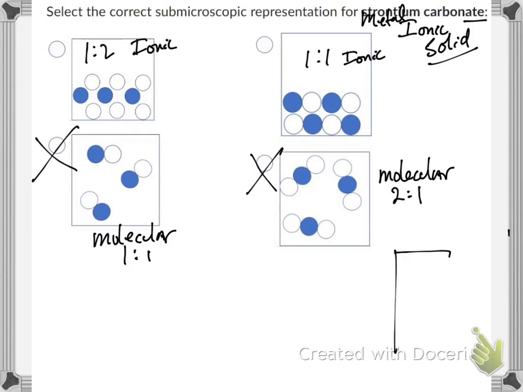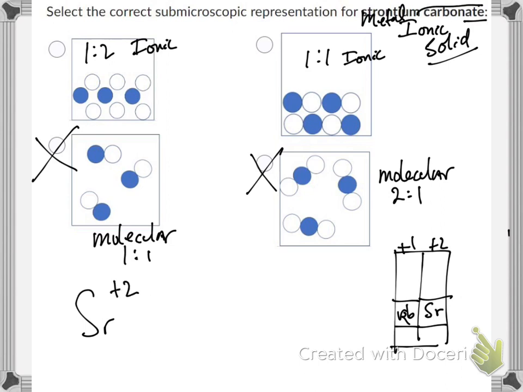When we look at the periodic table, we see strontium is here, at +2, so strontium is +2. We look up carbonate. Mostly we just need its charge. The charge of carbonate is 2-.